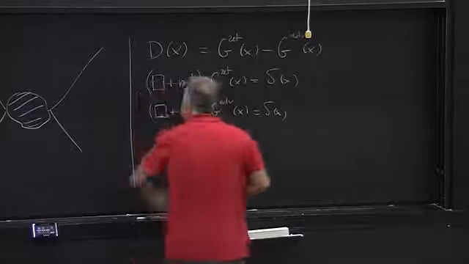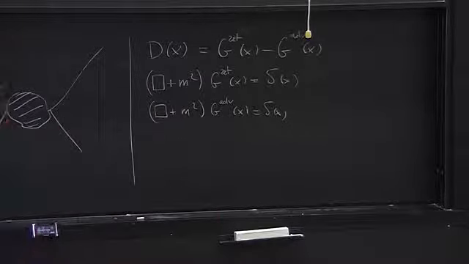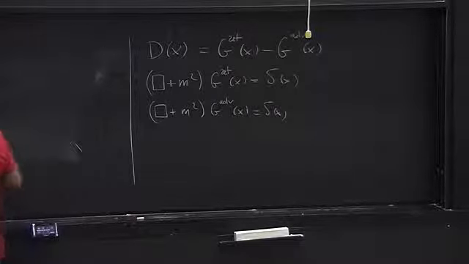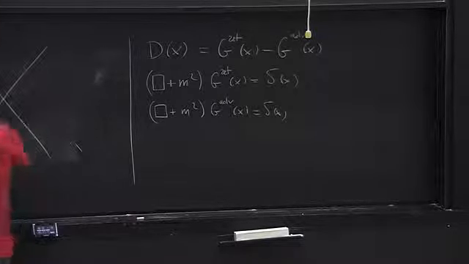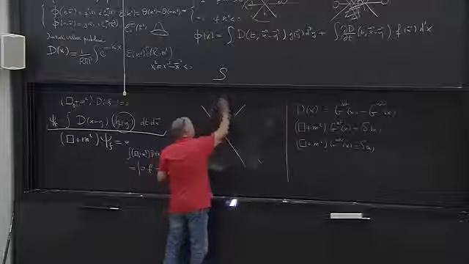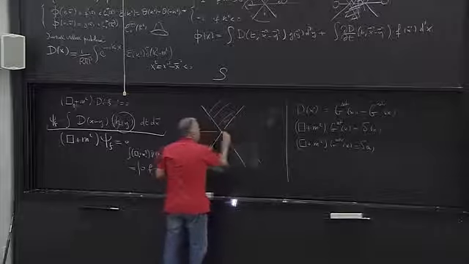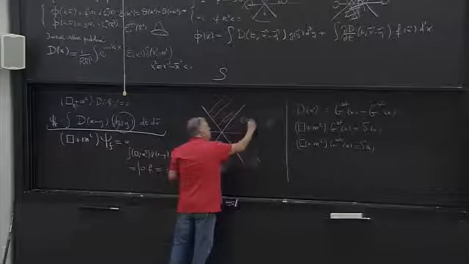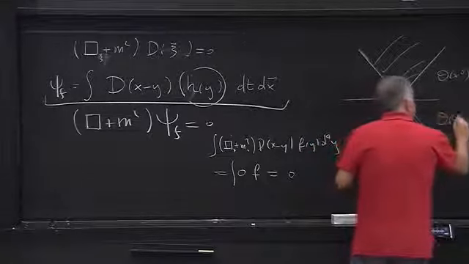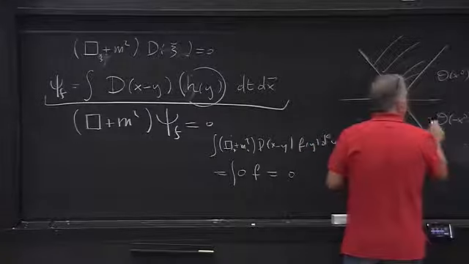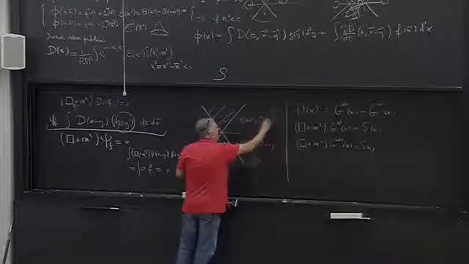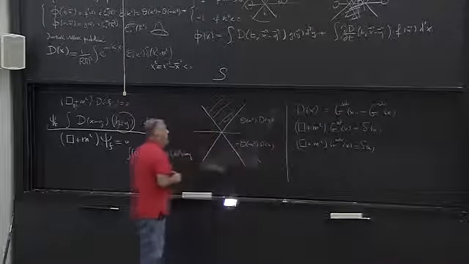The retarded propagator is obtained, as I told you. This is the support of the D function. The retarded propagator is the D function times theta of x0, and the advanced propagator is the D function times theta of minus x0.